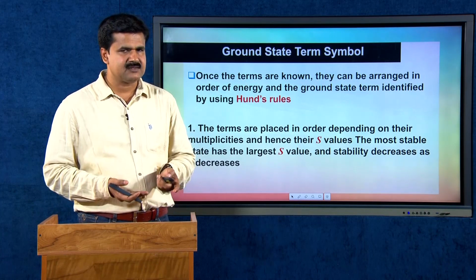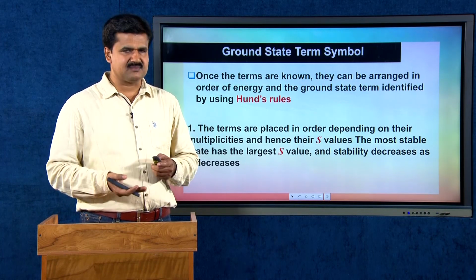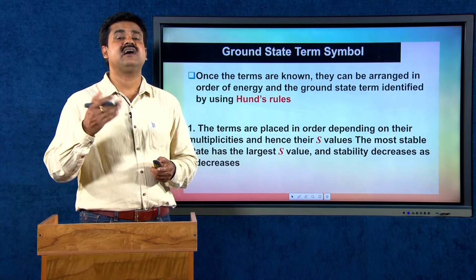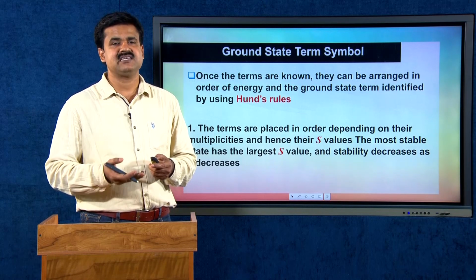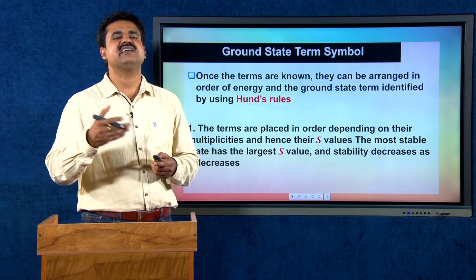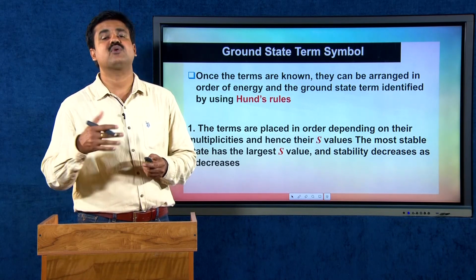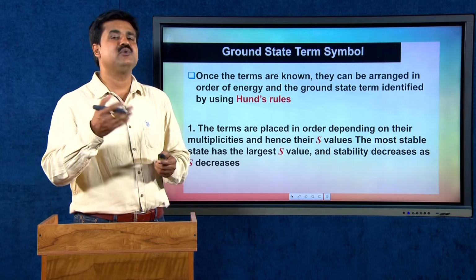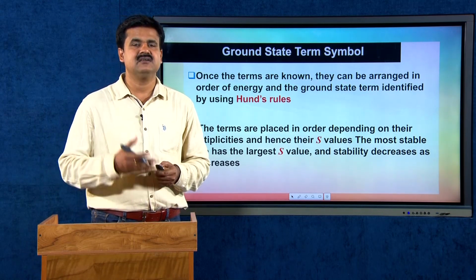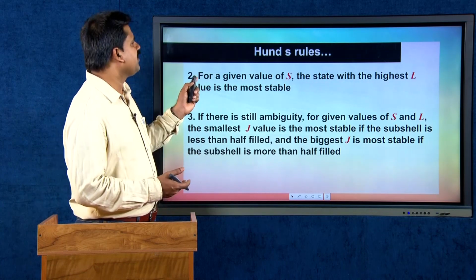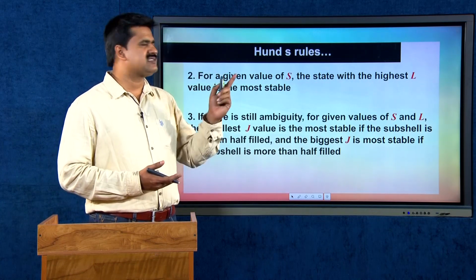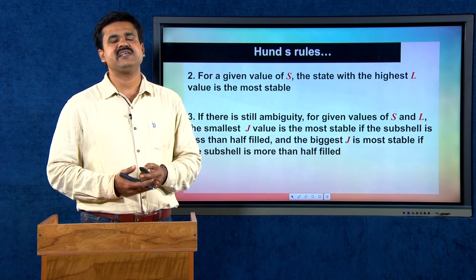This implies that for a given set of terms, pick out the term with the highest multiplicity. The term with the highest multiplicity is least in energy and hence it is the most stable term or ground term. So, ground term is associated with the highest multiplicity. Now, for a given value of S, the state with the highest L value is more stable.